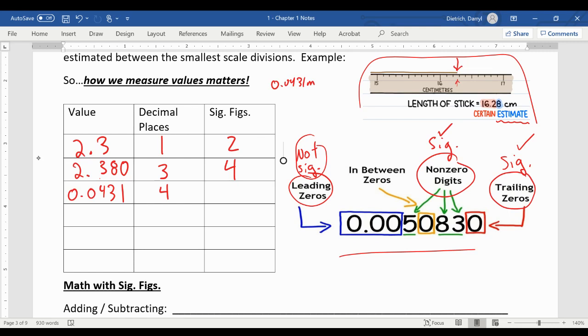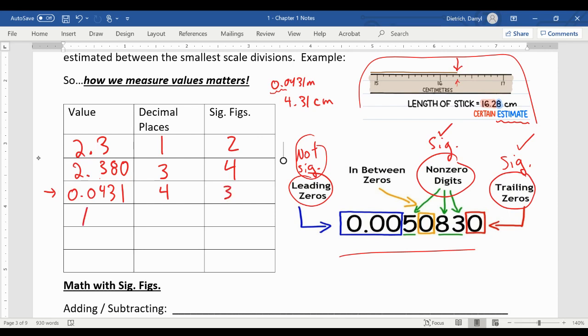Well, we can also write that number as 4.31 centimeters. So the zeros up front are really just kind of placeholders. It just depends how we want to write that number. So the number of sig figs in this example, 0.0431, would be 3.